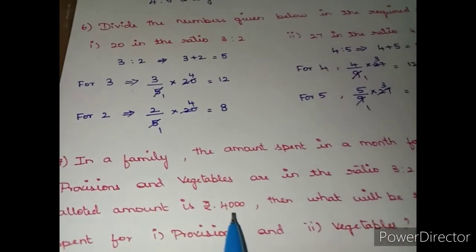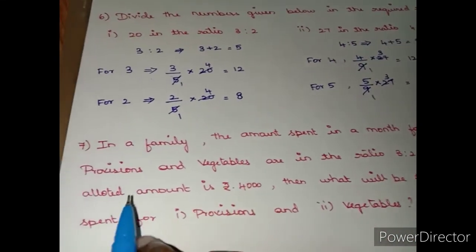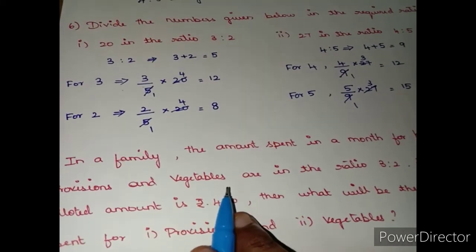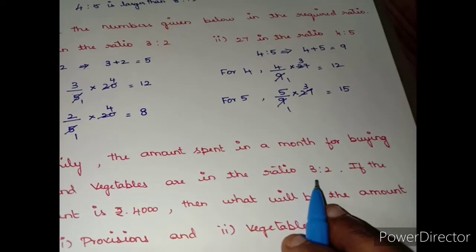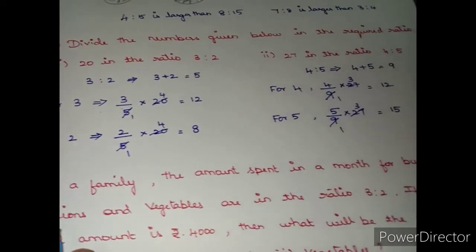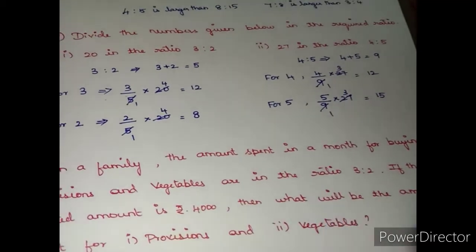So the total amount is 4,000. We are going to find the ratio of provision and vegetable in the ratio 3:2. So for 3, that is provision, how much money is spent? For vegetable, how much money is spent? Shall we go with the sum?